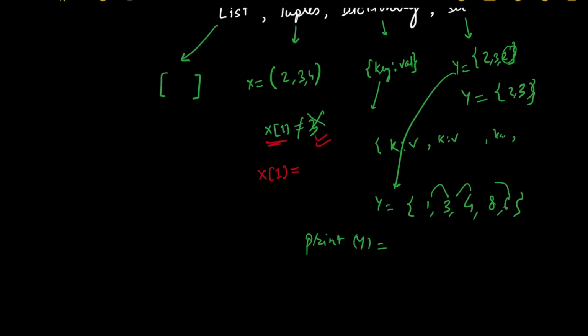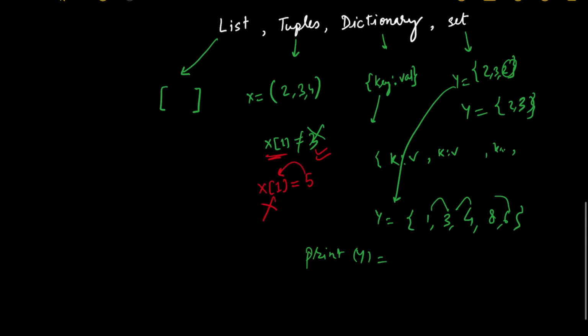That is the meaning of immutable. So you cannot assign that particular index anything. If I want to assign it 5, it will not work. That particular thing is called immutable. That's why tuples are immutable, lists are mutable, and strings are also immutable. We cannot assign their index to some other value.